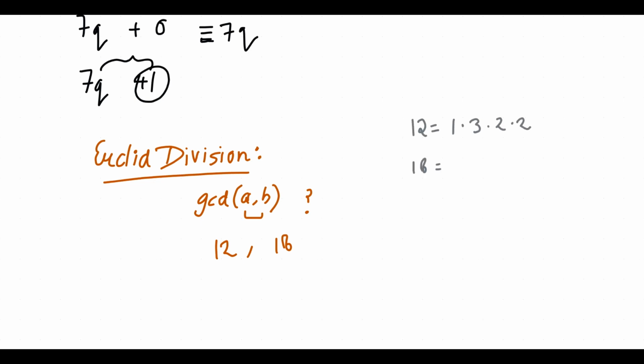So we have many common divisors. 3 divides 12, 2 divides 12, 4 divides 12, 9 divides 18, and 2 divides 18.